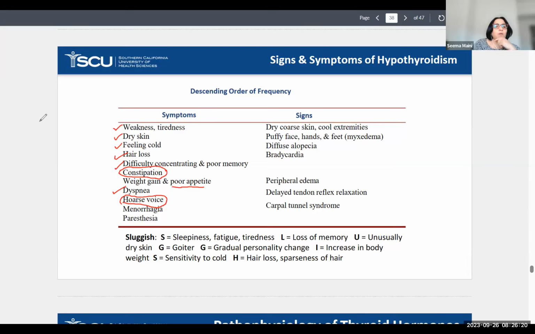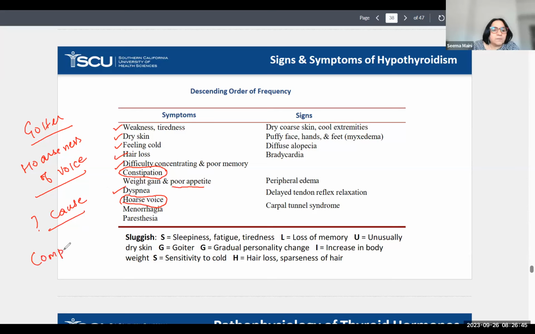A person with goiter comes to you with hoarseness of the voice, with a large thyroid gland. What can be the cause? Compression of something. Okay. Compression of what? Which nerve?